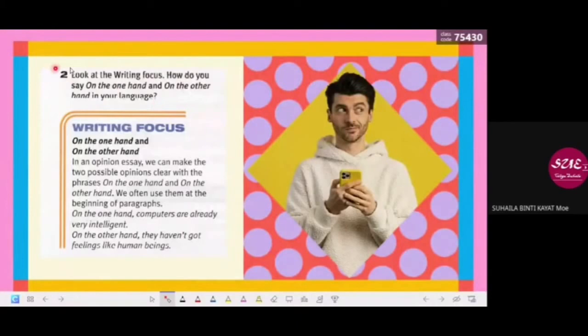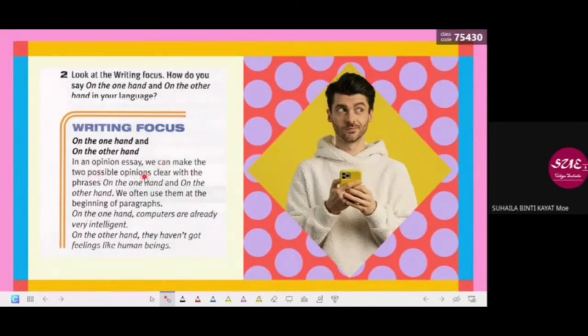Alright, okay, number 2. Look at the writing focus. Okay, look at your book here. How do you say on the one hand and on the other hand in your language? Right, ada dua ni. Okay, let's look at it. In an opinion essay, we can make two possible opinions.